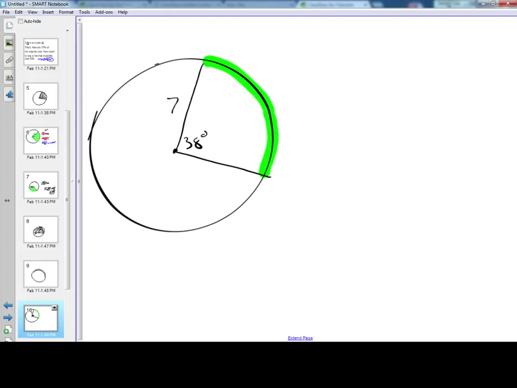Well, these calculators don't. Oh, well, look. I think I know how to do it. I got it.